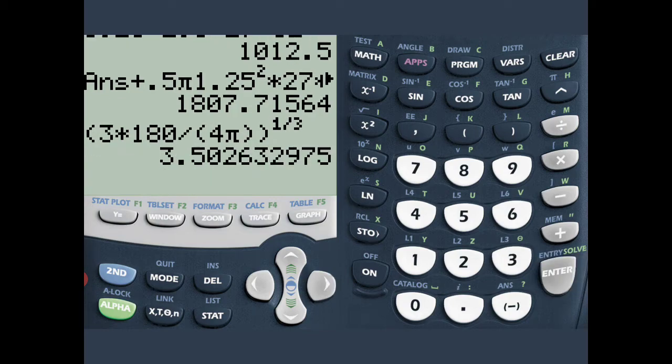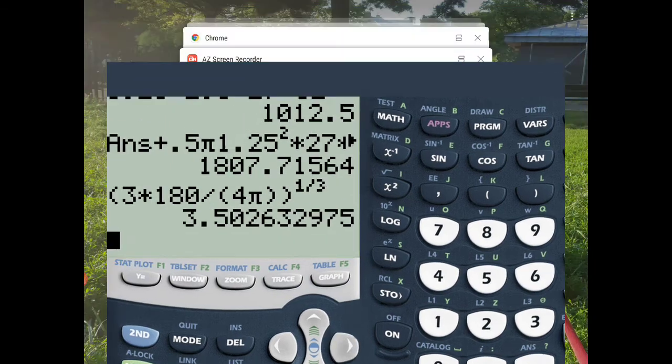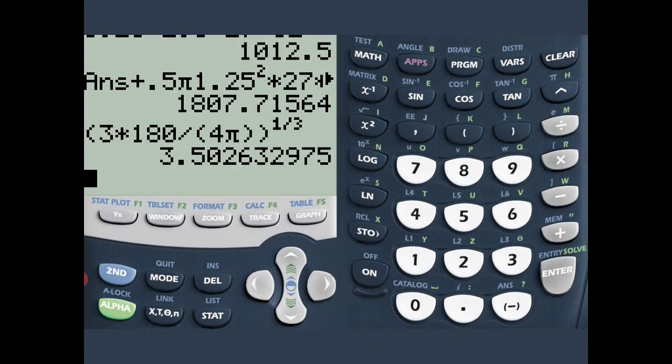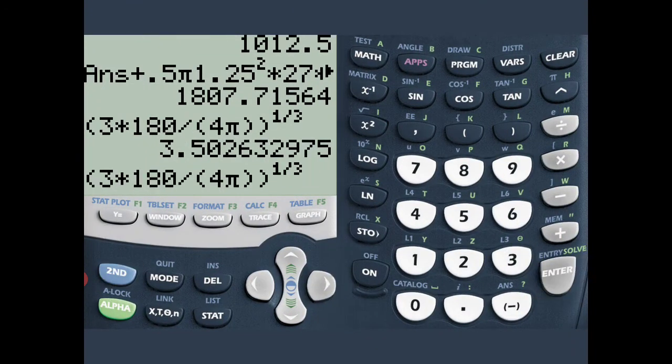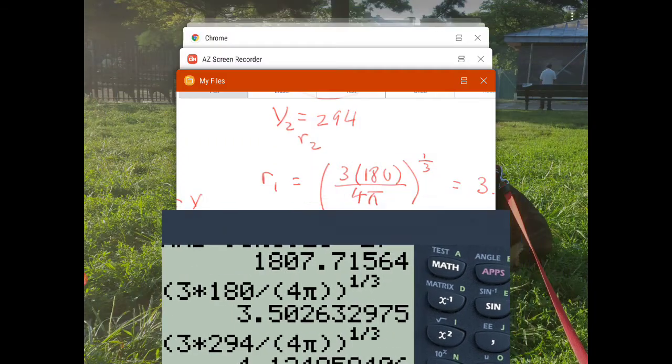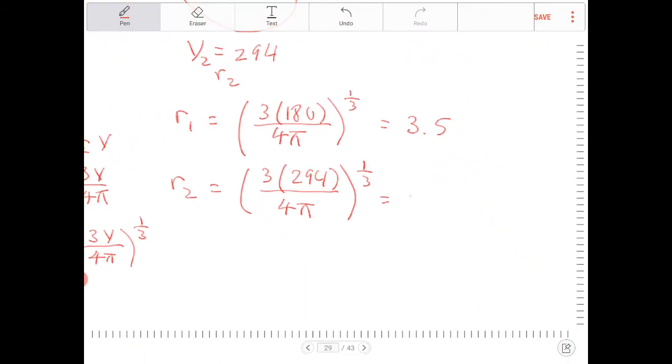So R1 turns out to be 3.5. And I'm going to do the same thing to find out what R2 is. So I'm going to press second enter. And the beauty behind this is all I have to do is just replace the 180 with 294. So now I have 4.12. So R2 is 4.12. R1 was 3.50.